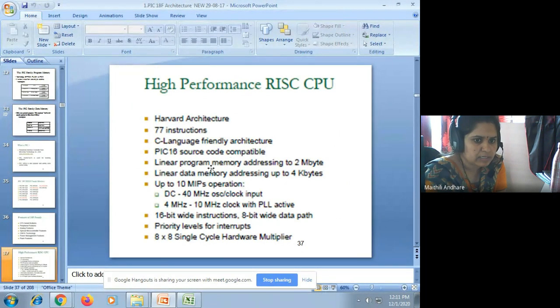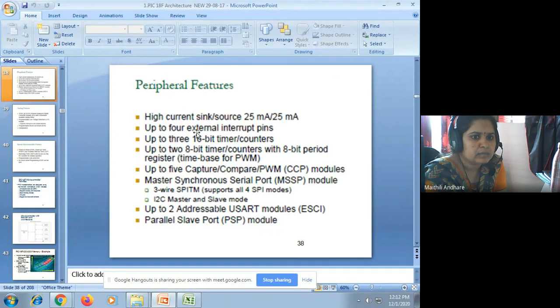The hardware architecture, then the frequency: 0 to 40 megahertz is available. Then the external interrupts, then the timers. We have already covered these, so I will just revise the features.